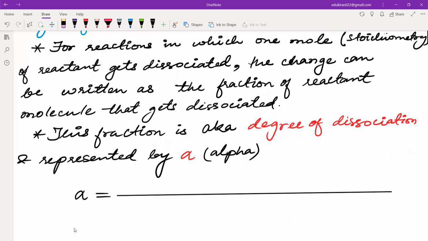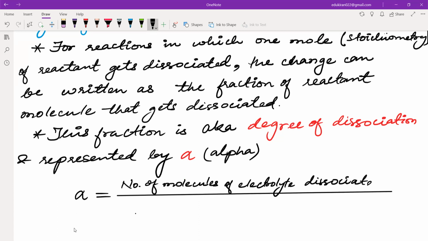Alpha means the number of molecules of electrolyte that dissociated divided by the total number of molecules of electrolyte.